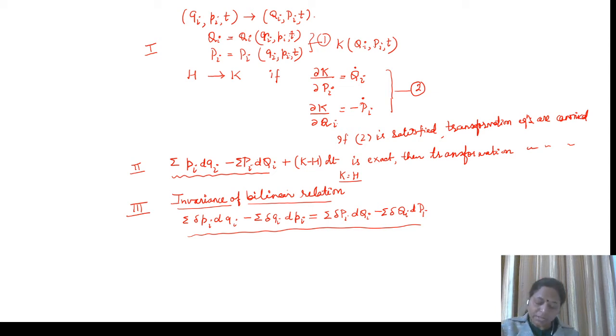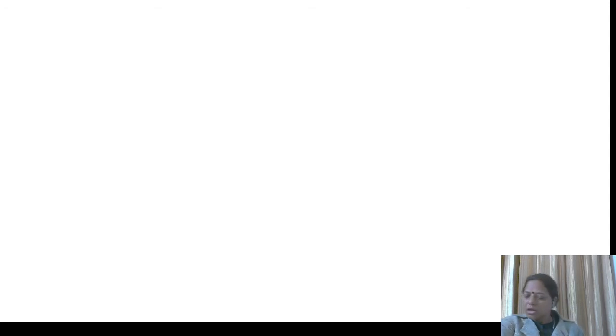How do we find this relation? You know that our old coordinate system is qi, pi and time. It is transformed to capital Qi, Pi and time.